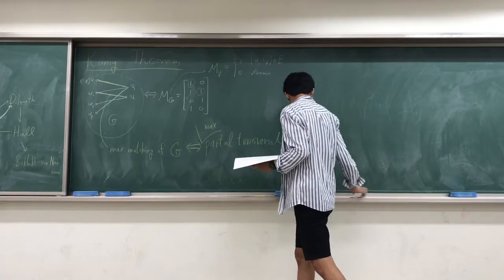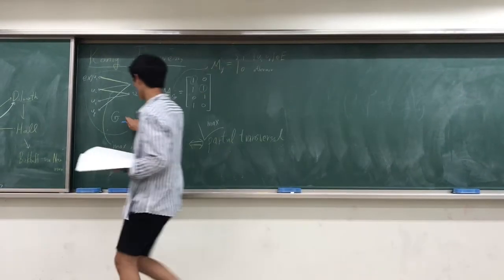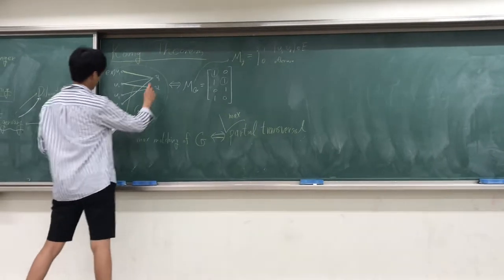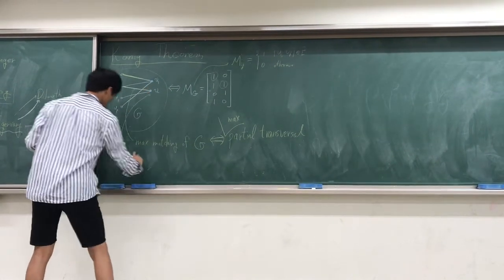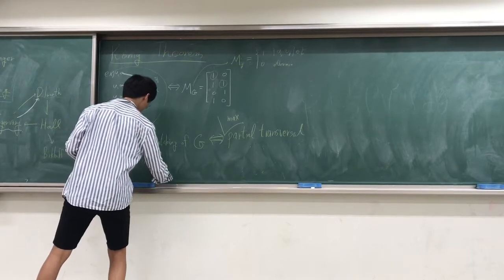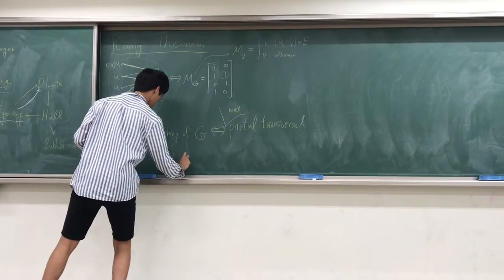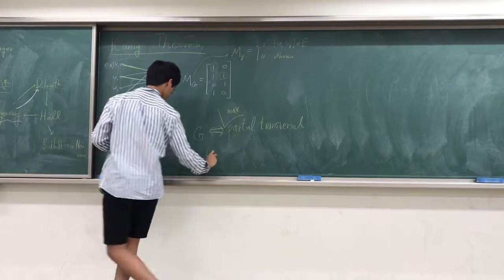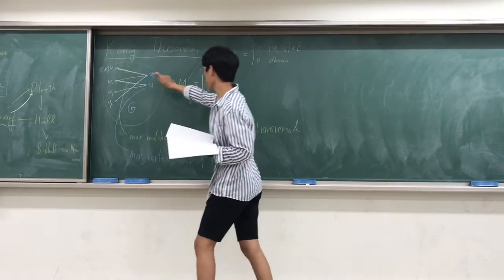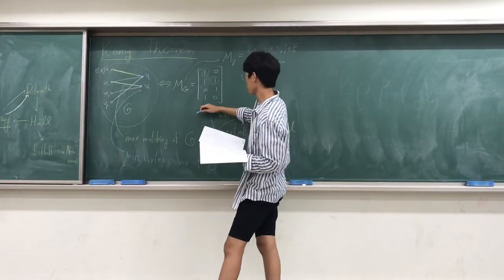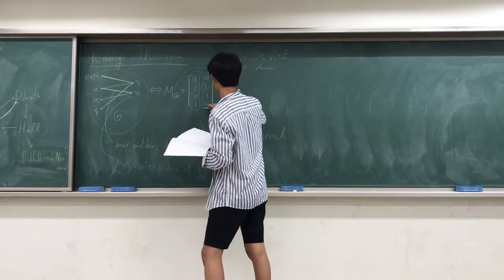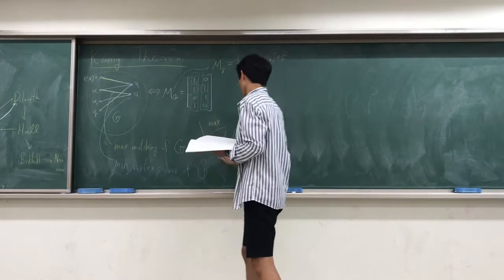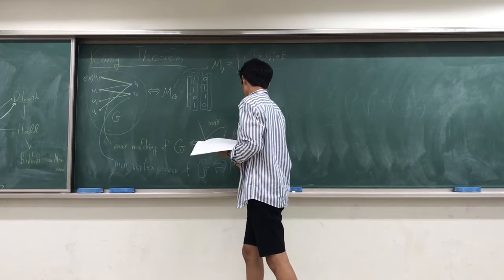Now, if we try to find the vertex cover for this graph G, we can easily see that the minimum vertex cover is as follows, this blue one. But this minimum vertex cover can be related to this matrix by choosing the corresponding lines, which are these two. So this corresponds to the minimum cover.